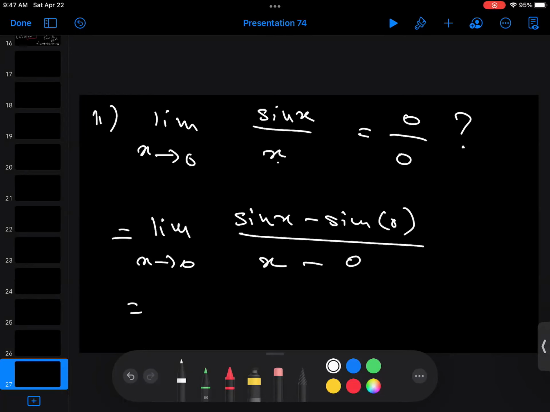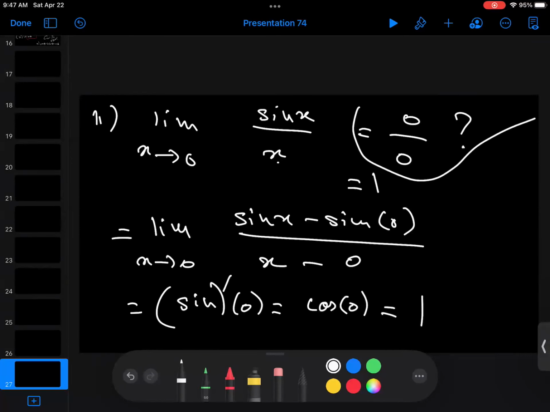So in fact, this is exactly the definition of the derivative of the sine function at 0. But the derivative of the sine function is just the cosine function. So you can deduce that this limit is in fact 1. Right? So that's a trick.